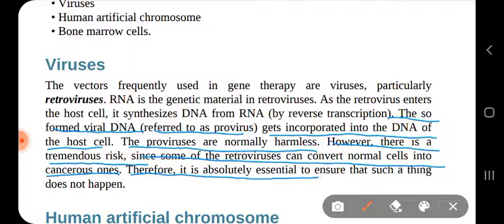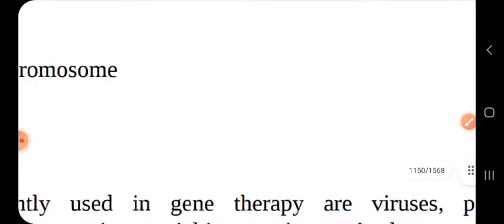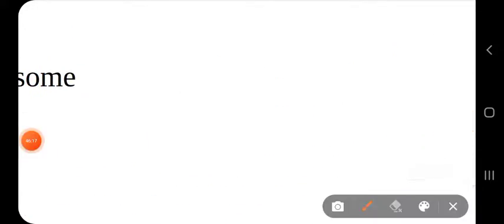Therefore, it is absolutely essential to ensure that such a thing does not happen. So what they are trying to say is that the vectors used in gene therapy are viruses, particularly retrovirus. The RNA is the main genetic material found in the retrovirus, right? So suppose this is the RNA.